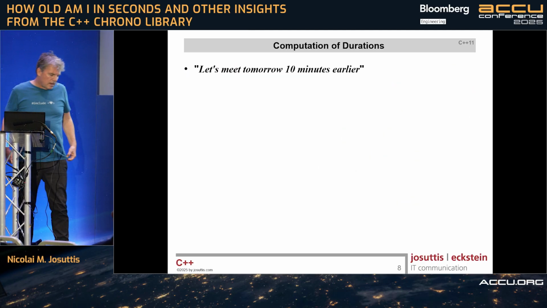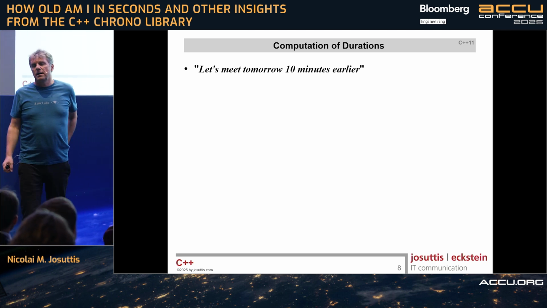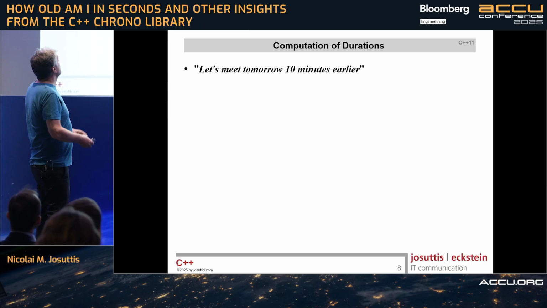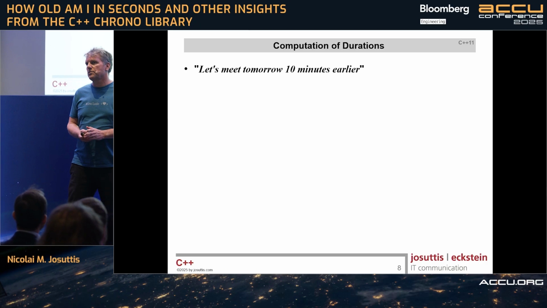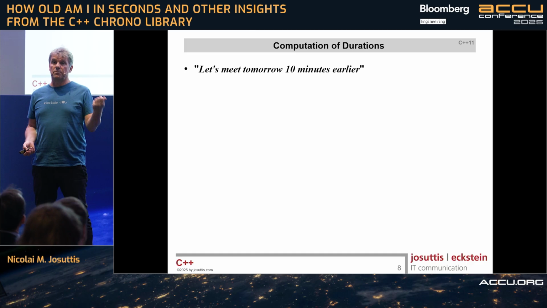And to understand how to deal with that library and about its awesome design by Howard Hinnant, let's first understand how we deal in this library with the statement: Let's meet tomorrow 10 minutes earlier.